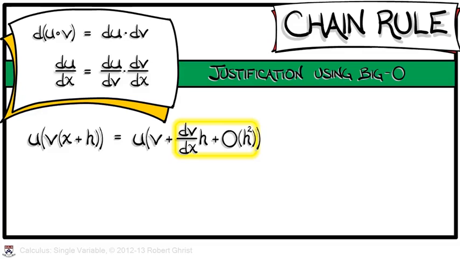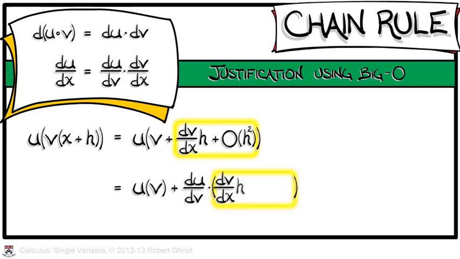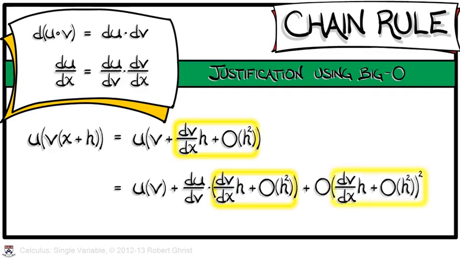Forget about that structure for the moment. We're going to expand this out. The zeroth order term is u of v. Next comes the derivative of u with respect to v times this perturbation term plus something in big O of that perturbation term squared.